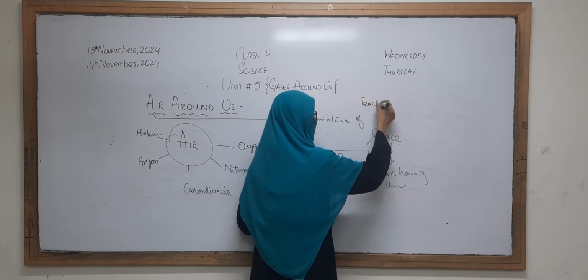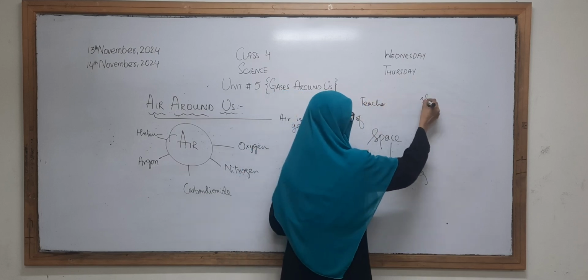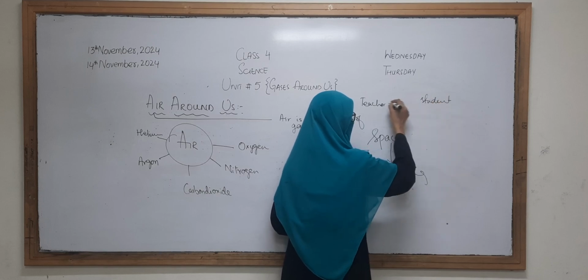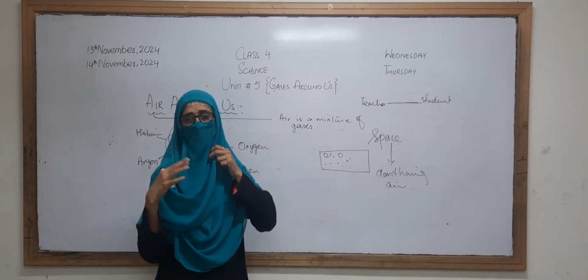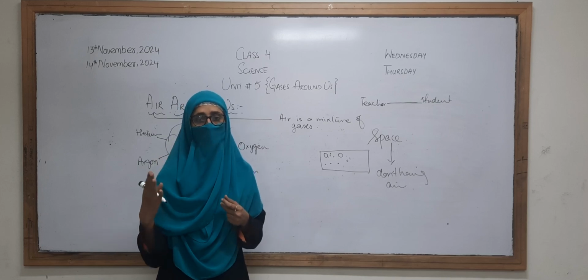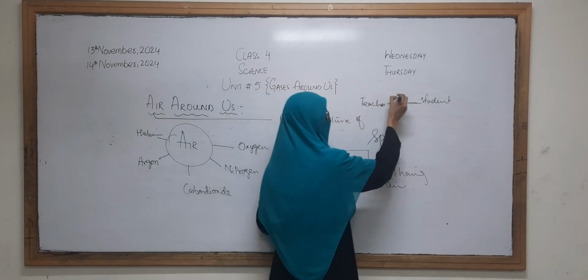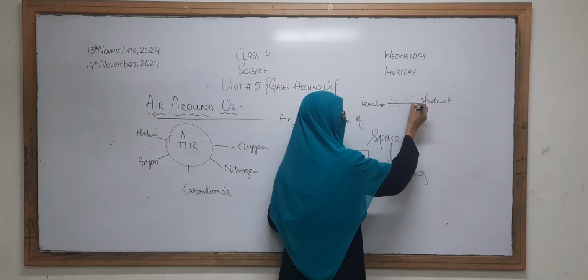if there is a teacher and a student, there is a gap between the teacher and the student. Okay, so the voice reaches your ear with the help of the air particles present in the gap.